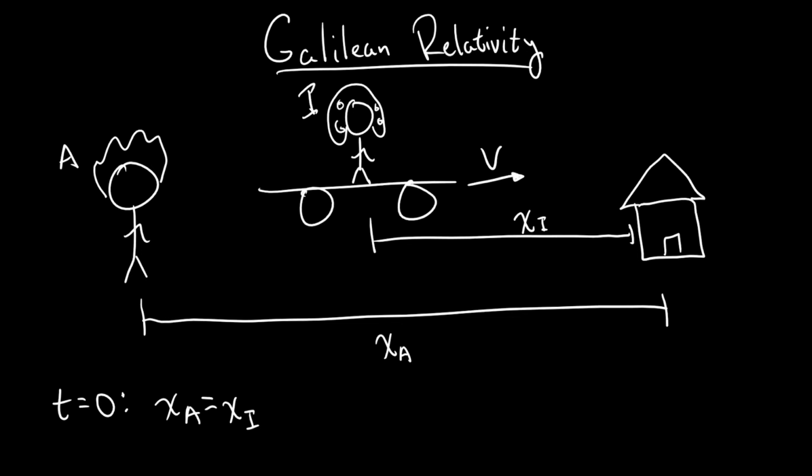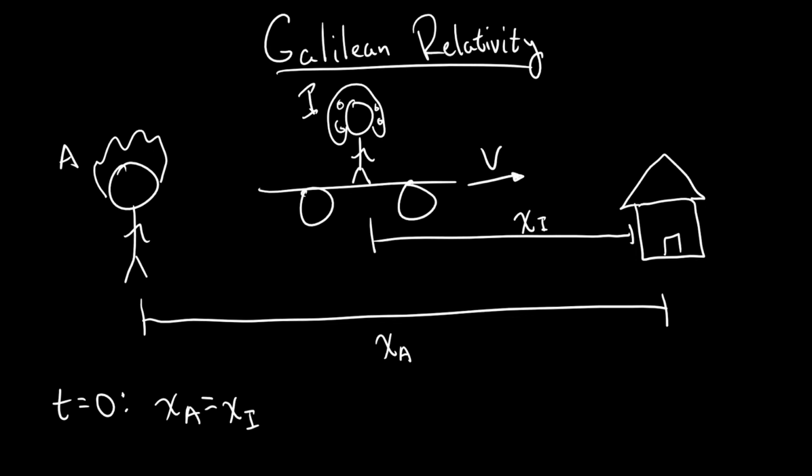Or in other words, this whole thought experiment starts when both Albert and Isaac are the same distance away. But Isaac is getting closer and closer to this house. So he is going to be measuring a different distance to the house than Albert is. So they aren't experiencing reality in the same way. And we can account for that by the fact that Isaac is moving.